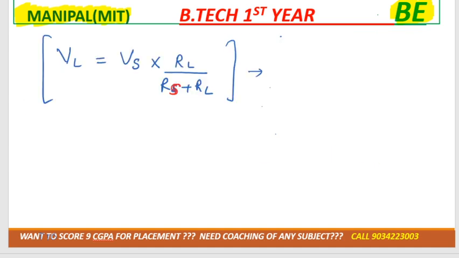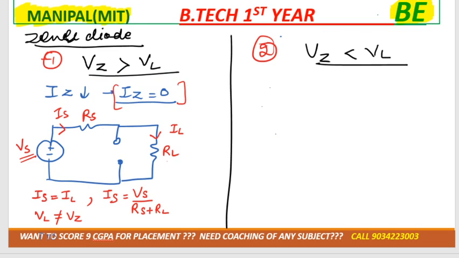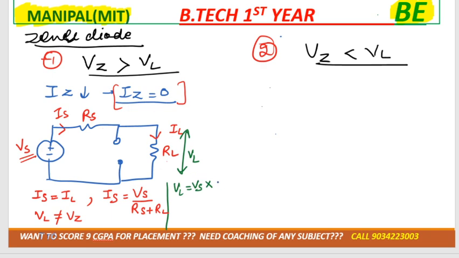so now apply the same thing over here. In this particular case we need to calculate voltage across RL, that would be VL, right? So VL is equal to total voltage, which over here is Vs, into RL divided by the sum of resistors which are connected in series, Rs plus RL.